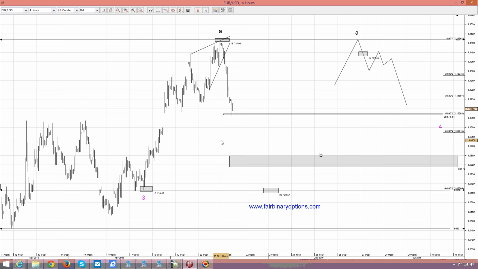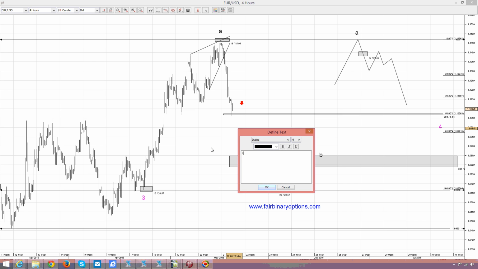Being on the 20th of May, I would go with 2 expiration dates. First of all, I would go with put options here with end of day, end of week and end of month. So number 1, put options with end of week, basically on the 22nd of May at 17 GMT.